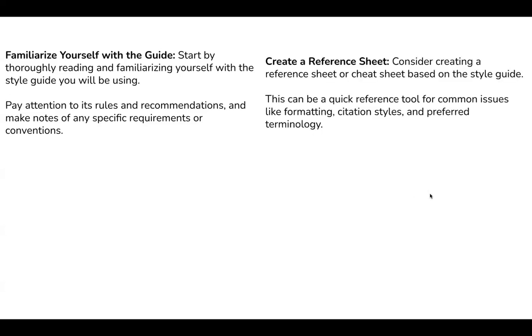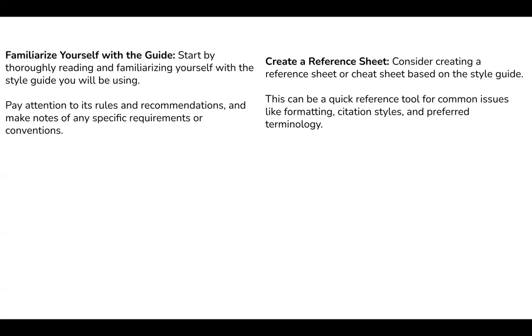Right. So the next one is create a reference sheet. The 25 pages, it's not efficient to start reading the whole 25 pages each time you are writing an article. So you can just create a reference sheet based on the style guide. This can be a quick reference tool for common issues like formatting, which includes the font size for paragraph, font size for headings, font size for H1, font size for H4, and things like that.